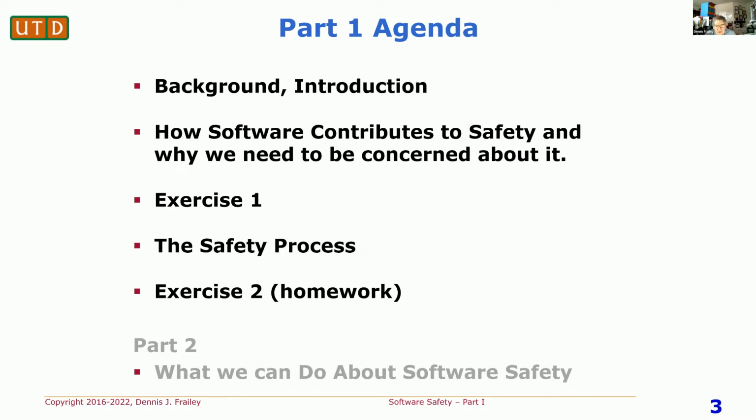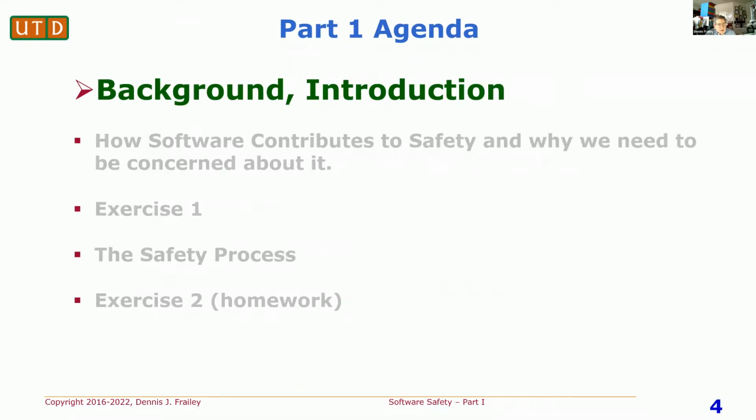And then on Thursday, you will present your solution to exercise two. And I'll say more about that when we get there. Then on Thursday, we'll do part two, which is all about the things we can do when we are writing and designing software to properly deal with software safety. So let's begin with the background.